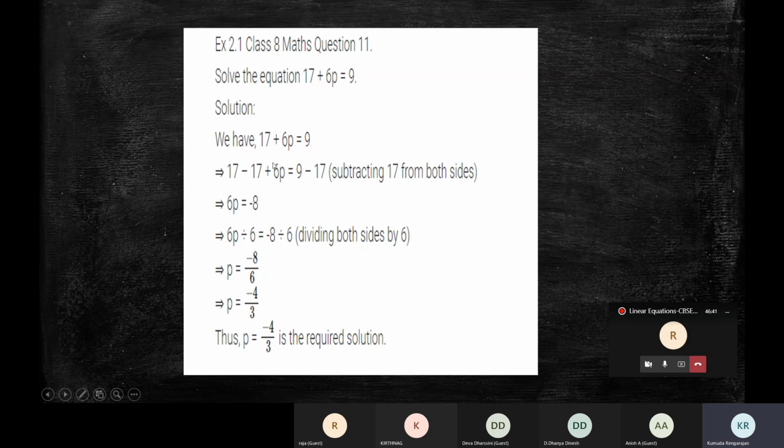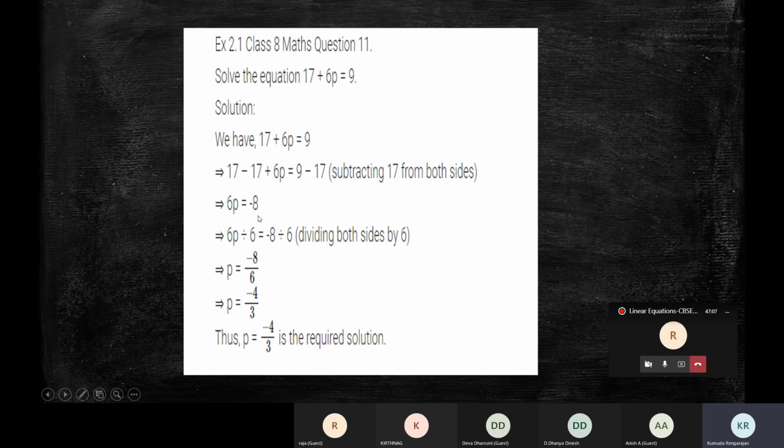There is no choice between these two, whether to remove 17 first or 6 first. 6 and P are in product form, while 17 and 6P are connected by the plus sign. You must remove 17 first. So you should subtract 17 on both the sides first and get rid of 17.